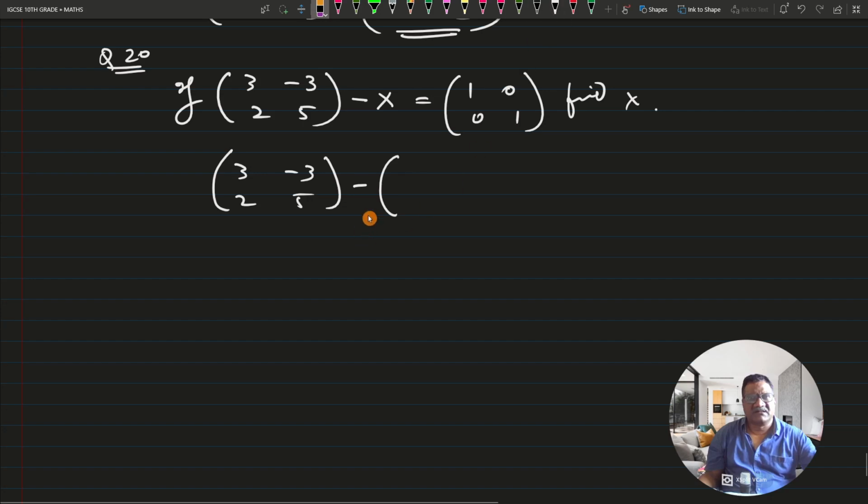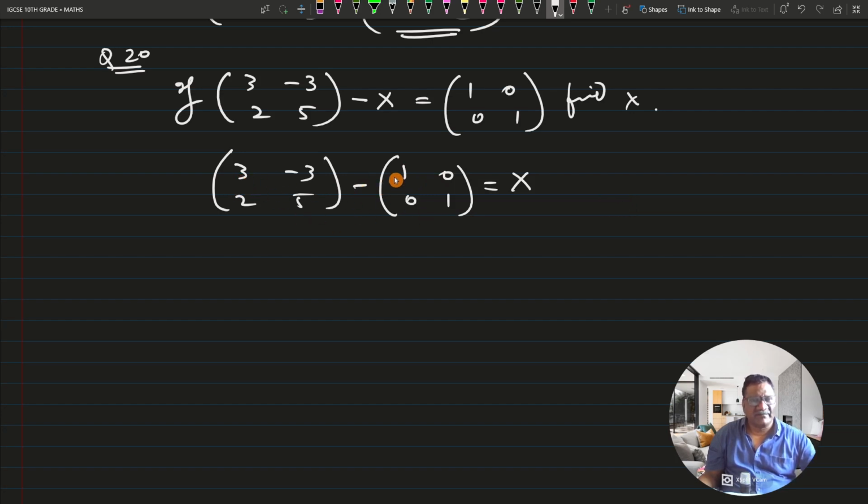0 0 1. This minus x will come on this side, so this will become x. Okay, now all I have to do is subtract these two matrices.